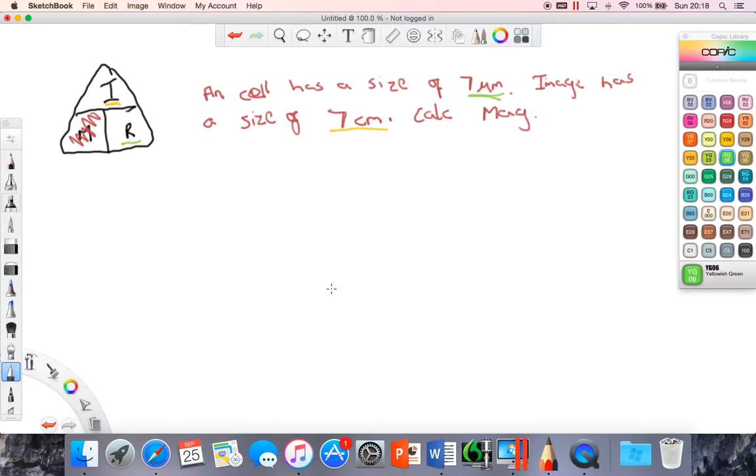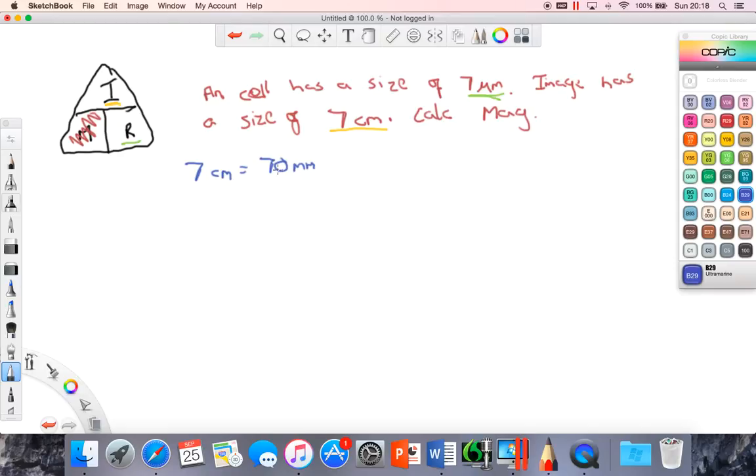Now the first problem we've got here is that their units are totally different, so we need to convert this 7 centimeters into micrometers. Now we said earlier, if you look back at the written down numbers that I gave you, you should have that 7 centimeters is equal to 70 millimeters.